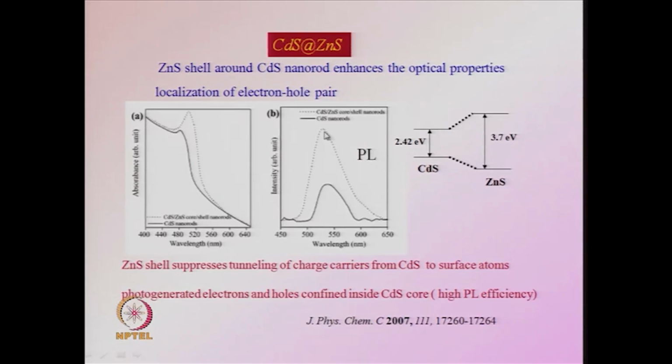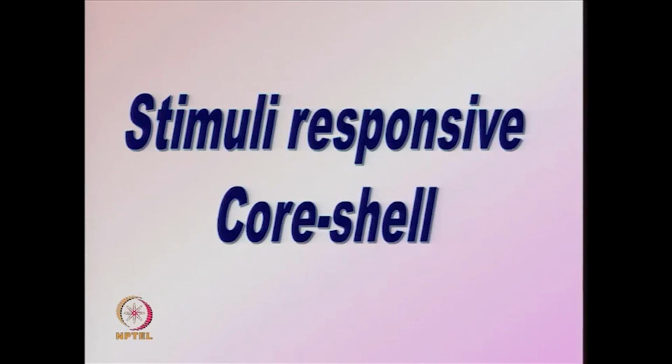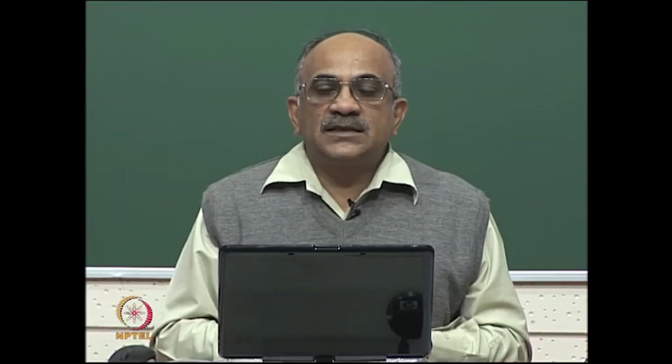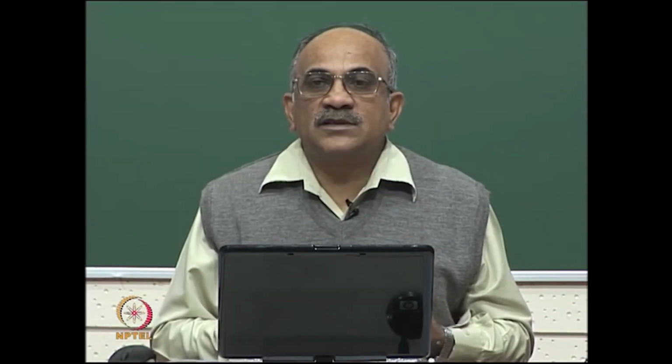It has gone from this value to this value for cadmium sulphide covered with zinc sulphide. So, the PL efficiency has been enhanced because you have localized the electron hole pair inside the cadmium sulphide nanorod.